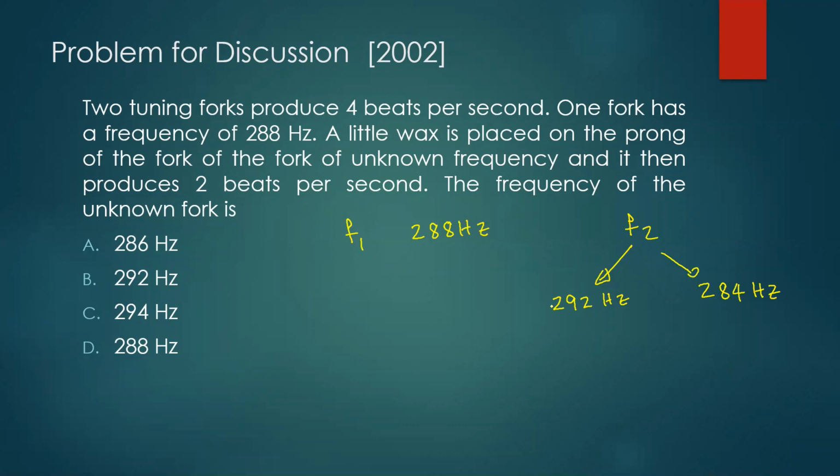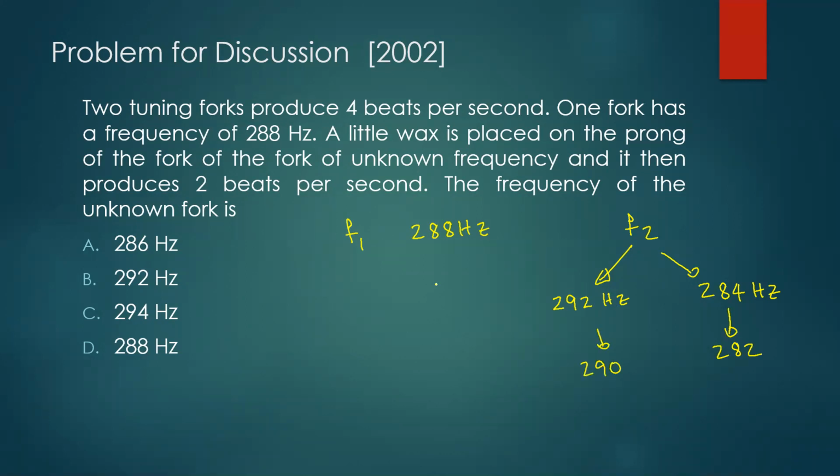Either it is 292 or 284 hertz. Now, once you place a little wax on the tines of the tuning fork with unknown frequency, the frequency goes down. For example, it'll become, let's say, 282, suppose. And here, suppose it becomes 290.